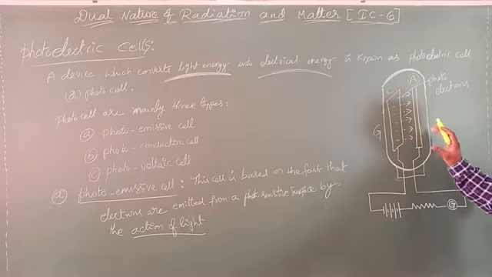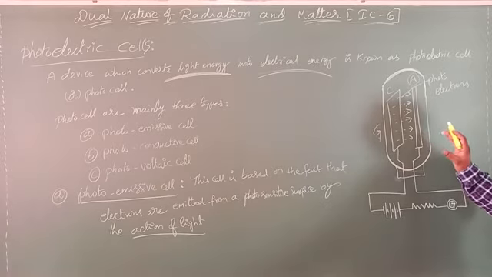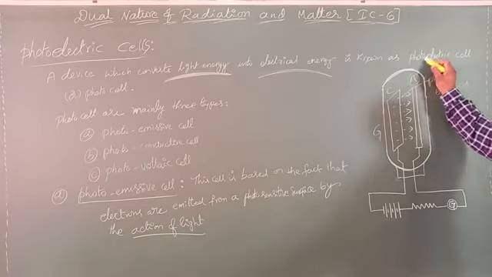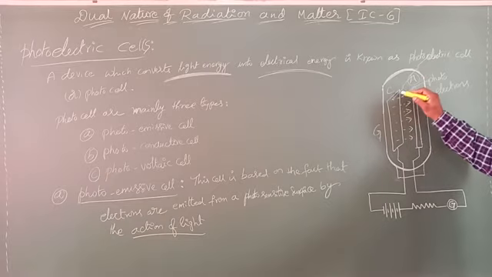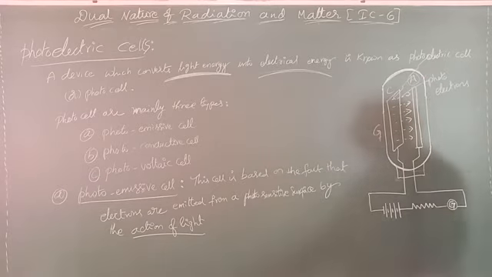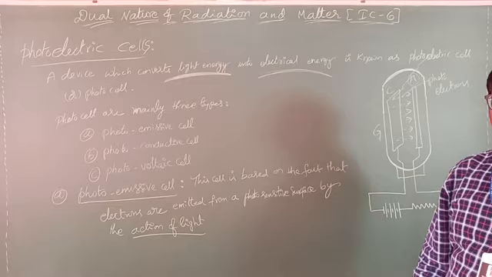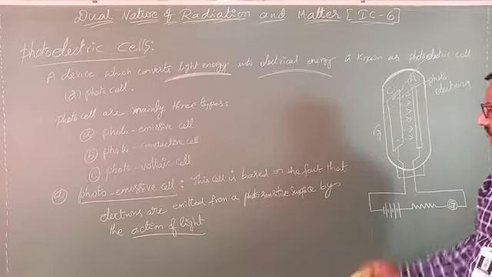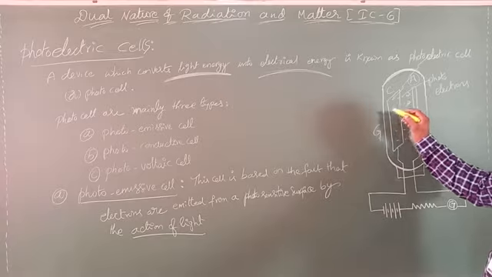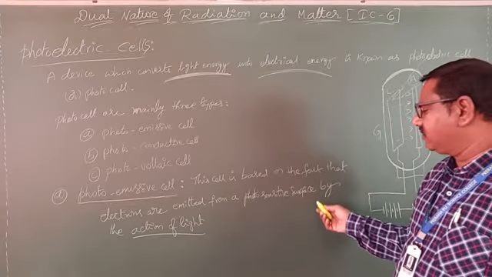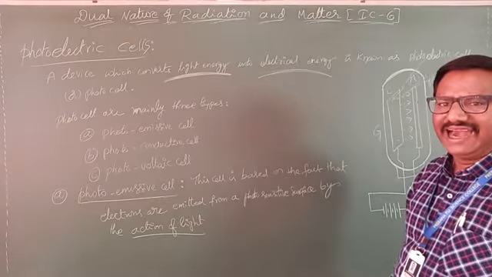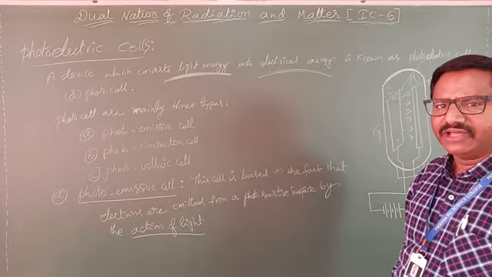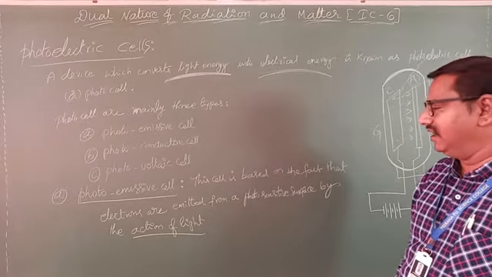What is a photoemissive cell? If light is incident upon the cathode, what can you observe? You can observe very clearly that electrons are emitted from the photosensitive material.